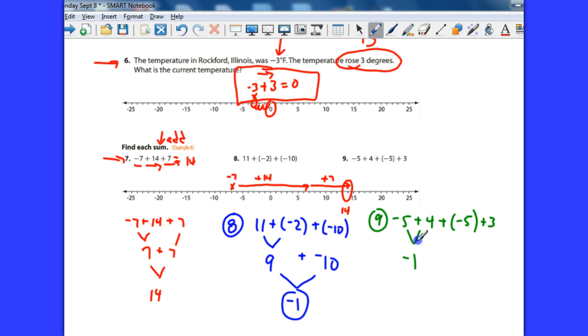The negative sign is larger, so it's -1. Plus, I've still got this -5, and I've still got this 3. -1 plus -5, that's easy. Same signs, you just add them up and keep the sign. -6 plus 3 is what that ends up being. 3, don't forget about him. -6 plus 3, add those together. -3 it is.